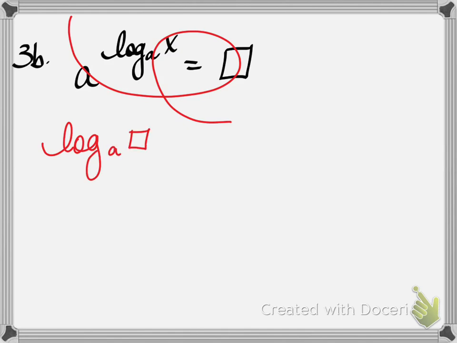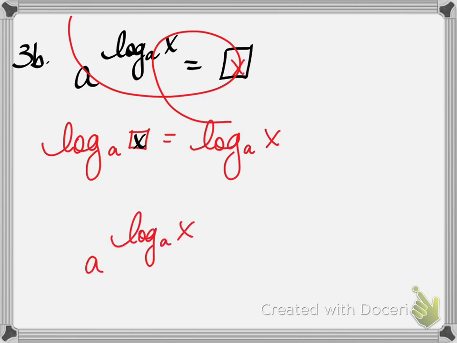Log base a of something is equal to the thing we just went through last, log base a of x. Well, these are equal. This is an equation, so the box must be x. And this is also one of those kind of inverse things. If you have a as a base and it's raised to a log with that same base, they kind of cancel each other, and it's just equal to the x.